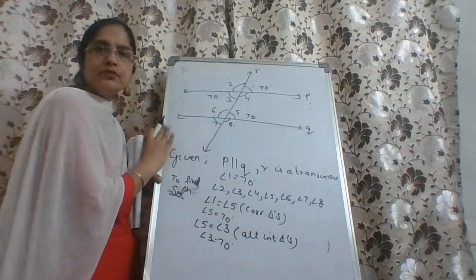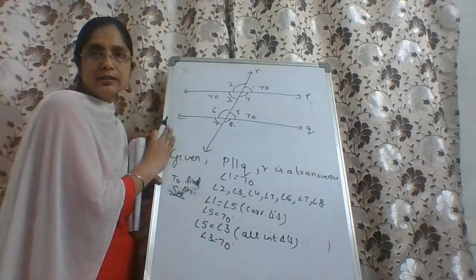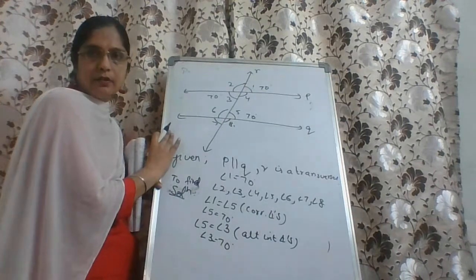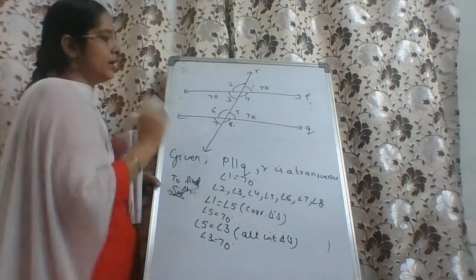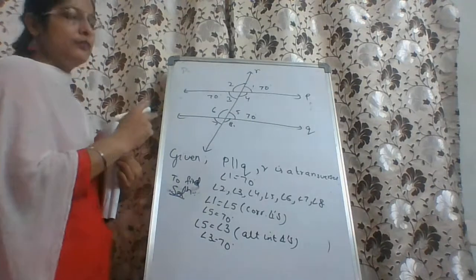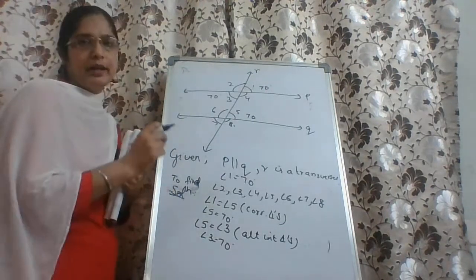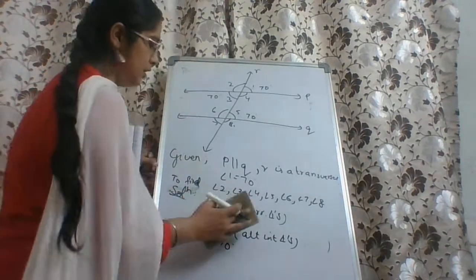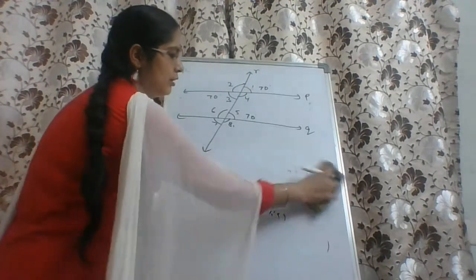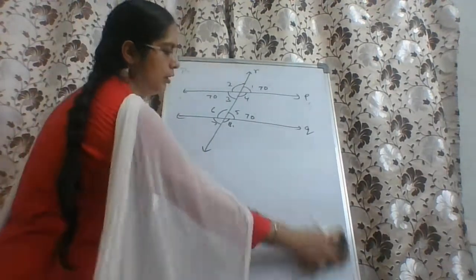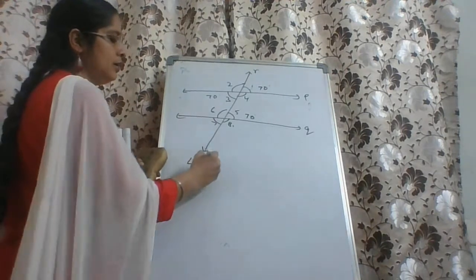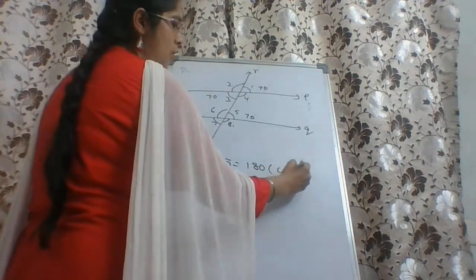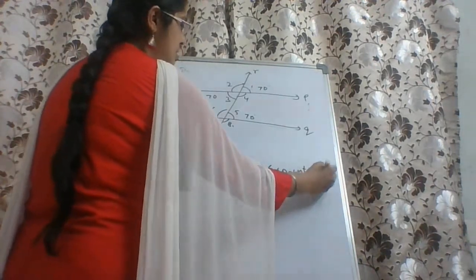Now, angle 4 plus 5 should be 180 degrees, co-interior angles. Or we can also say that by linear pair also 1 plus 4 is equal to 180 degrees. So anyway you can do, but I will be taking angle 4 plus angle 5 is equal to 180 degrees, co-interior angles.